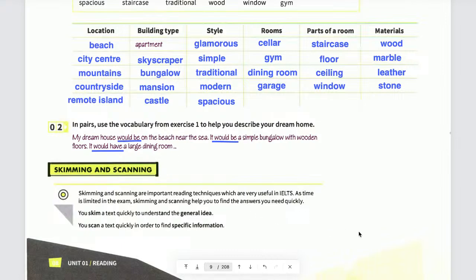My dream house would be a simple apartment in the city center with one wooden floor, because it would be convenient for me to buy things or go to the supermarket. It would be a spacious place with a large living room, a modern kitchen for me to cook every day, and a small dining room.